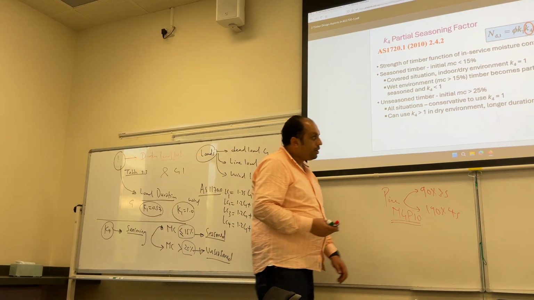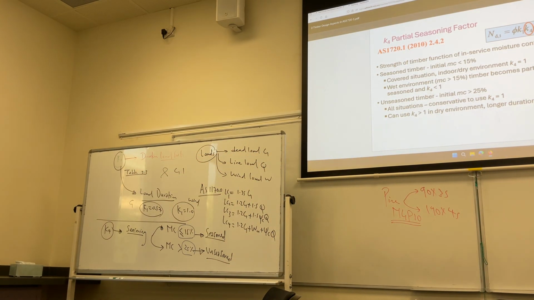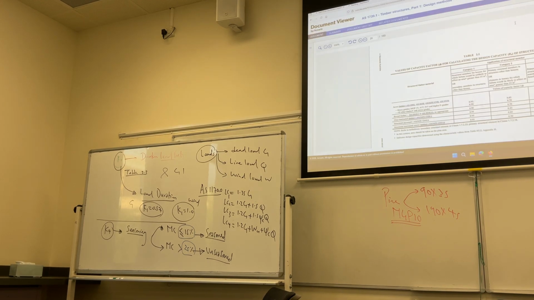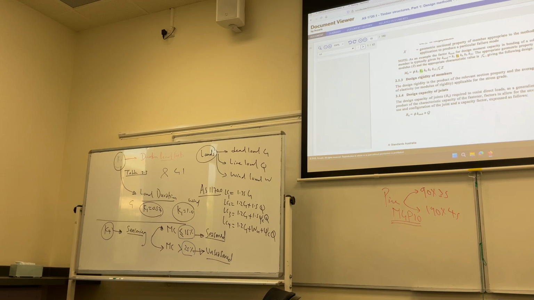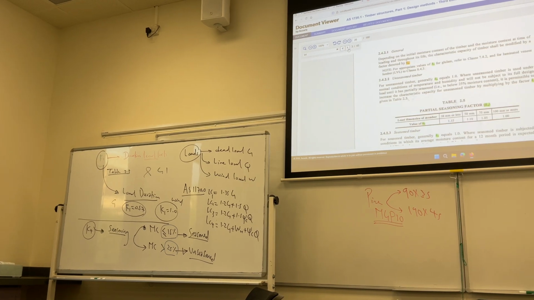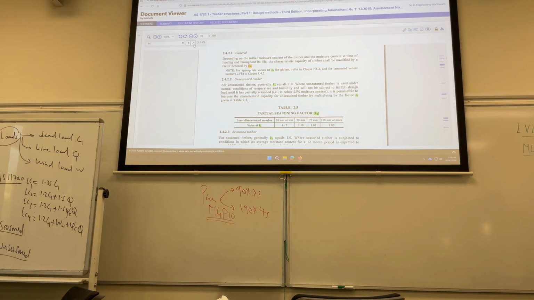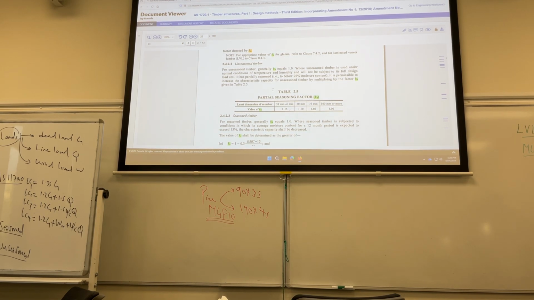Okay, so we can have a look at this one. If we look at this part here, for unseasoned timber, generally K4 can be taken as what? 1.